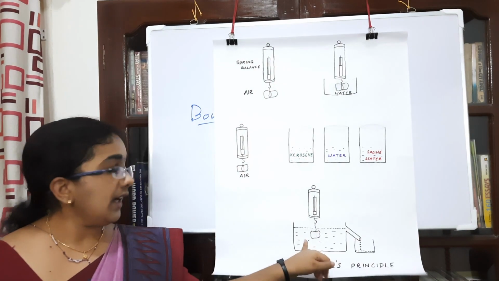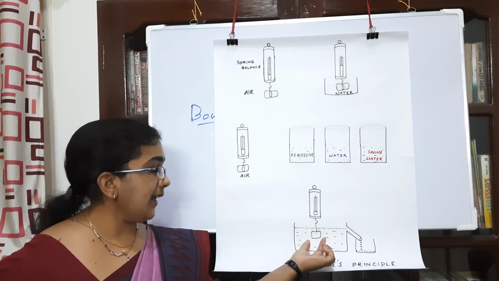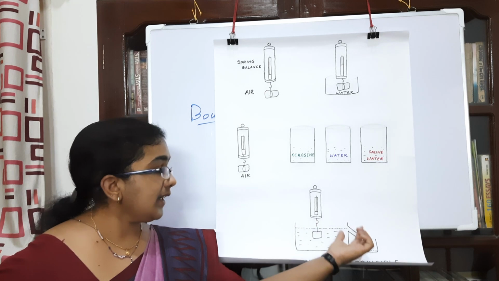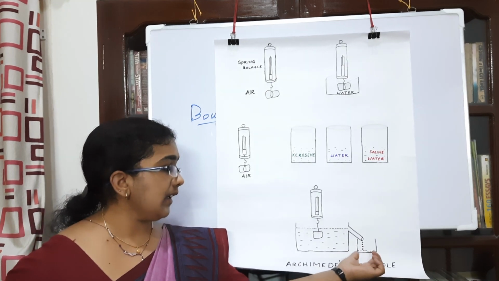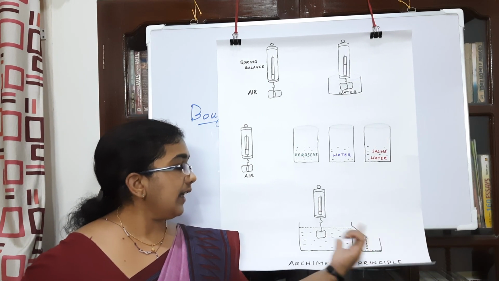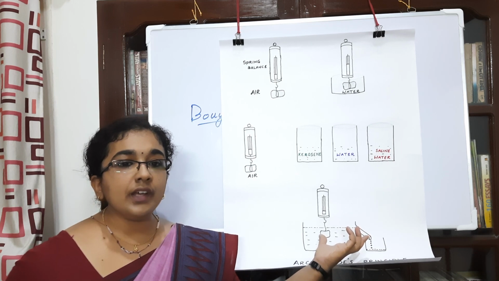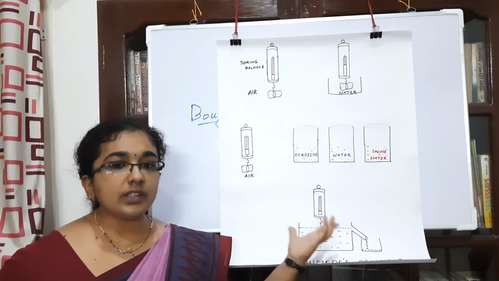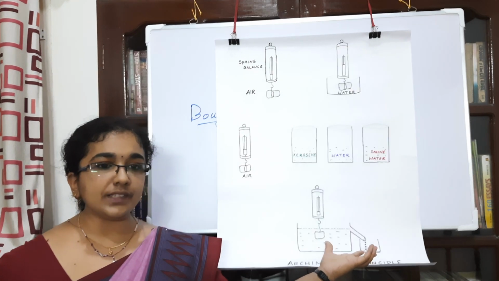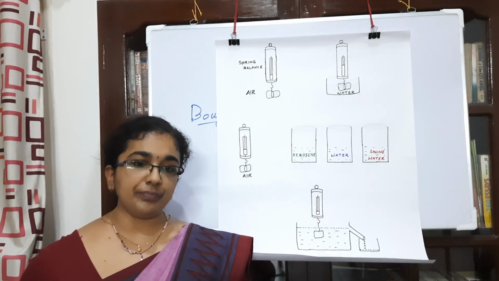We are measuring the weight of the immersed stone, and simultaneously we are measuring the weight of the displaced water. Find out the weight of the water that is overflowed using a spring balance, and tabulate the results in a table.